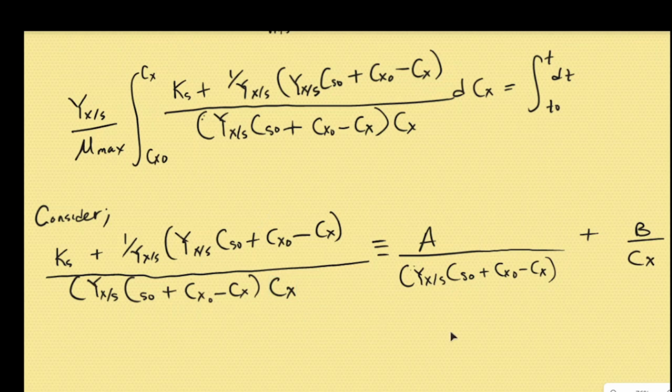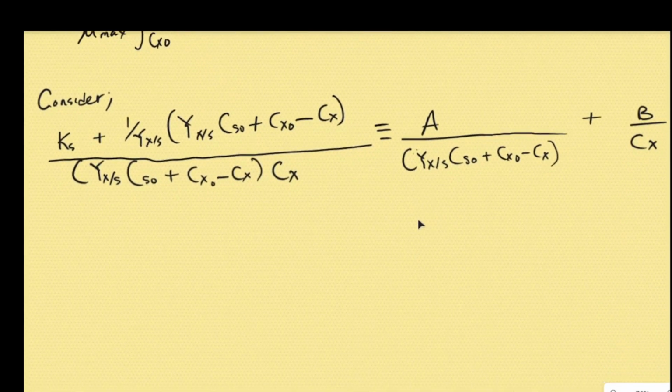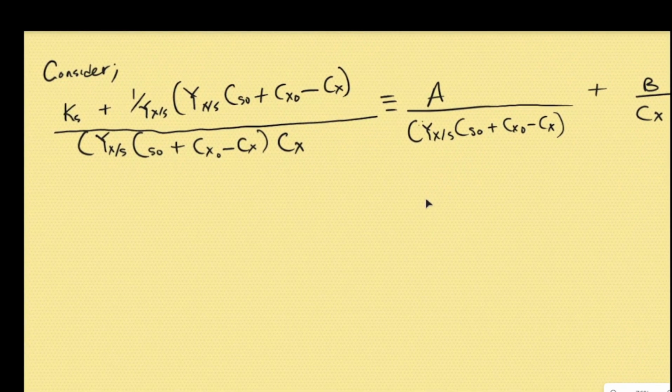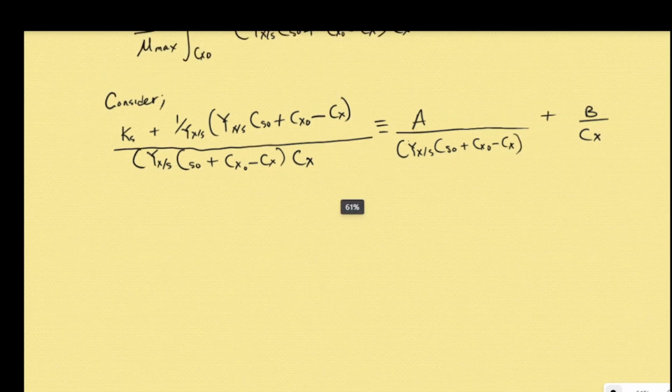So we are going to find the values of A and B using our knowledge of partial fractions. What are those going to be? I'm going to use the cover-up method.